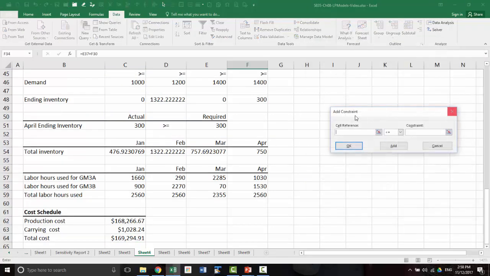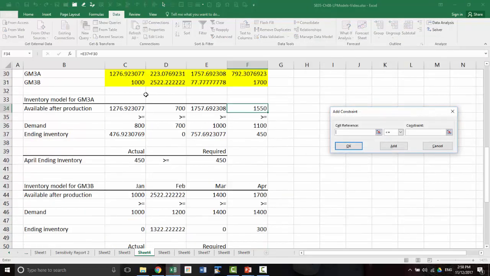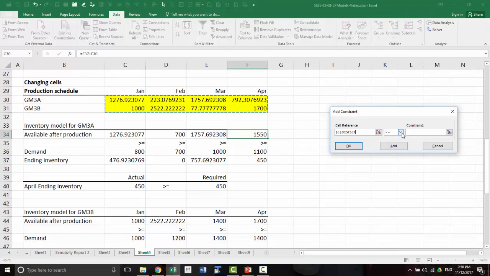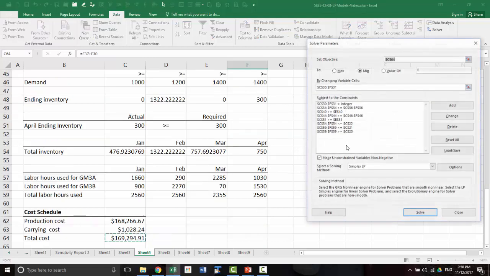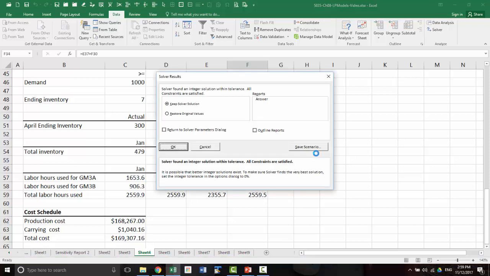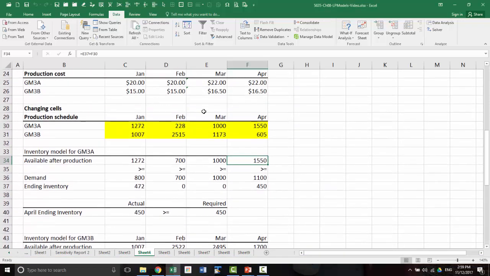We can add an integer constraint. Remember, the integer constraints can be only for decision variables or changing cells. So solve. Even for 8 it's taking a little bit of time, as you can see. Okay, so now we have integer answers.